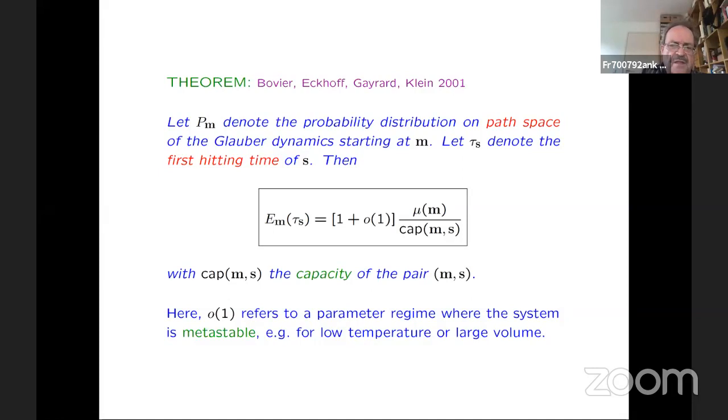And in this case, we're going to be interested in large volumes and, in principle, arbitrary temperatures, as long as they correspond to a situation where there is a phase transition, because that's when metastable behavior can and will occur.